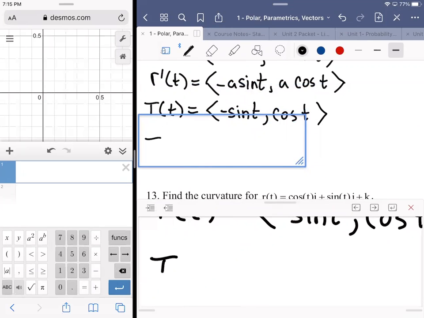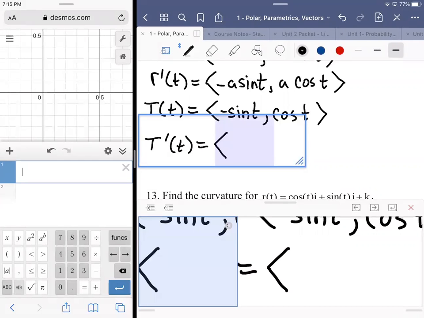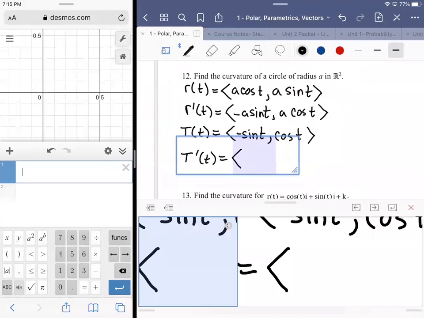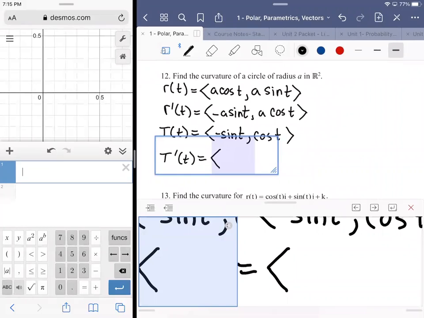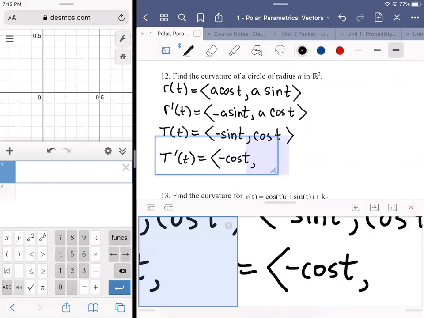So then T prime of t is the derivative of each of these two components. The derivative of negative sine is negative cosine. The derivative of cosine is negative sine.